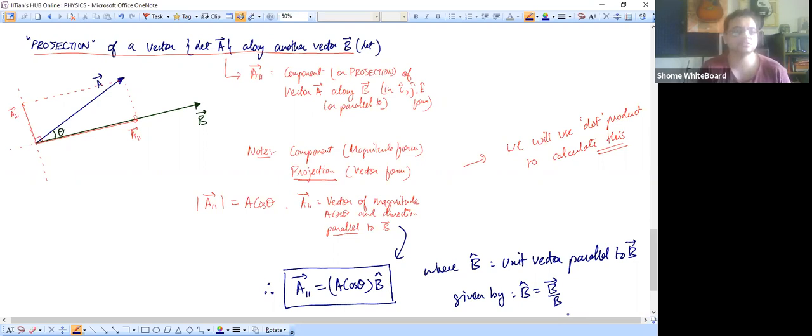So ultimately, the projection of vector A along another vector B is given by this simple formula now.